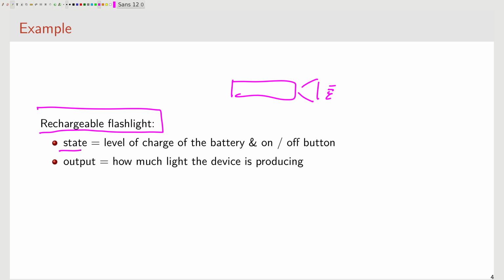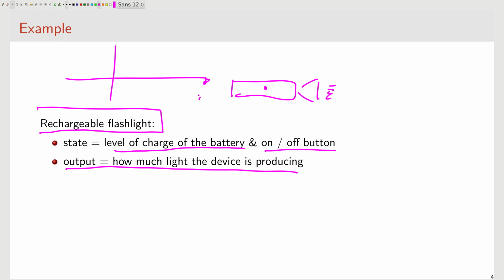And the state of the flashlight, assuming that the output is how much light the device is producing, is the level of charge of the battery and the on-off button, of course, because if it is off, it doesn't produce light. Why is the level of charge of the battery the state of the system? It's the state of the system because independently of, let's say that this is time, and this is how the charge of the battery was evolving in the past.